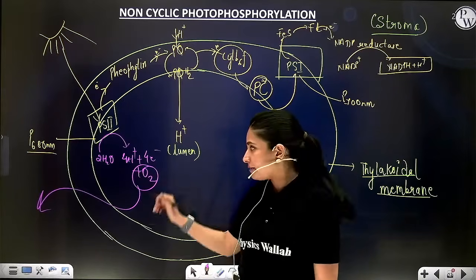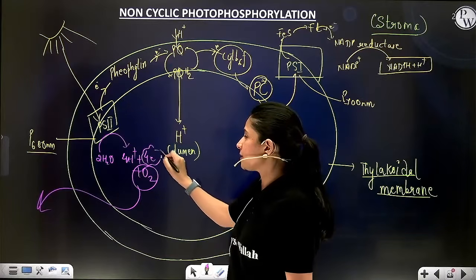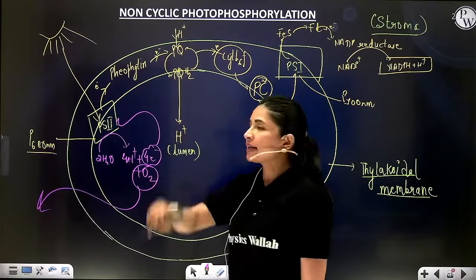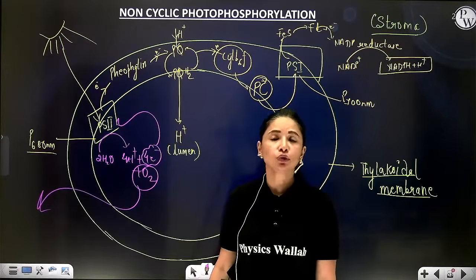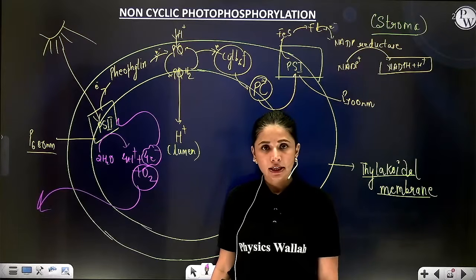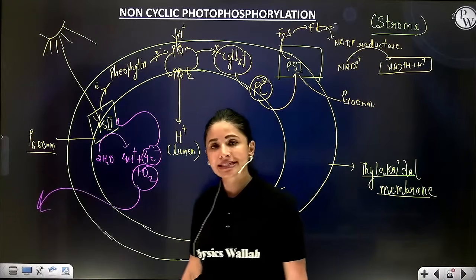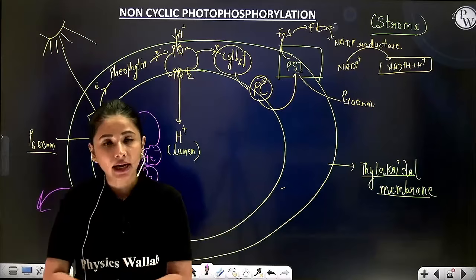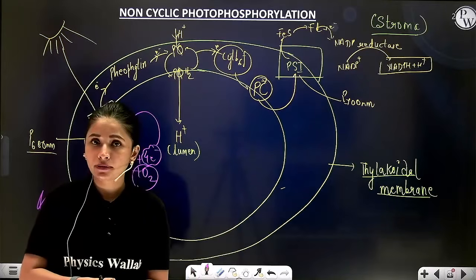Correct? And meanwhile, the electrons which are produced one by one are fed to photosystem 2. So now with this you can see what you have done to perform non-cyclic photophosphorylation.